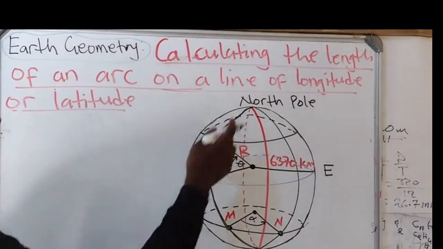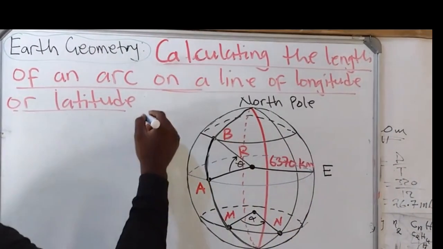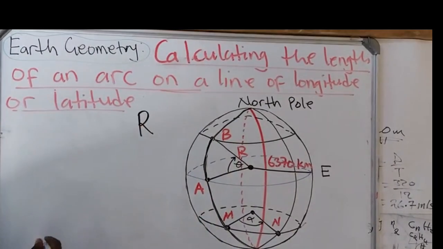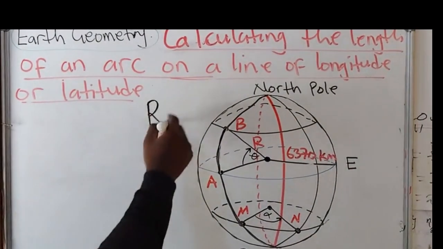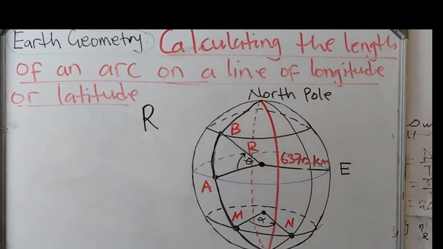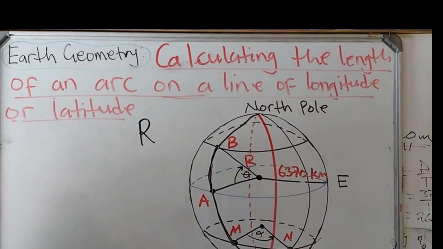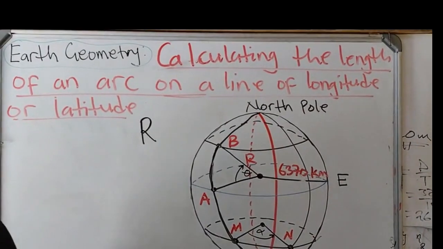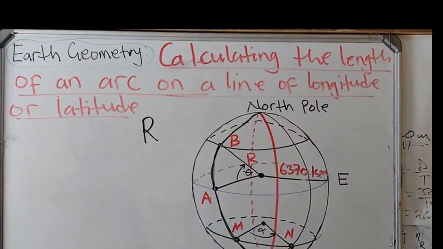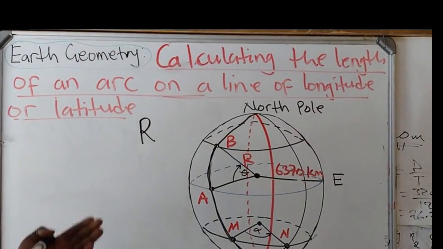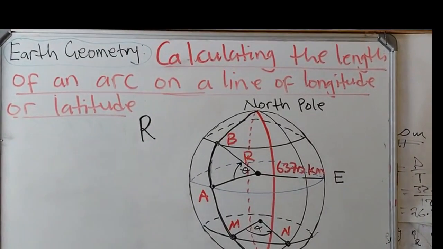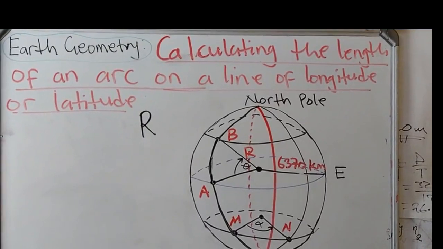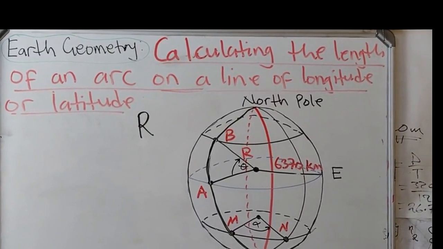Since this is a great circle, it is going to use the radius with the capital letter R. R is the radius of the Earth. If you go back to the previous lessons, I did mention that the radius of the Earth can either be in kilometers or nautical miles, so it depends on the radius of the Earth that they have given you in the question.